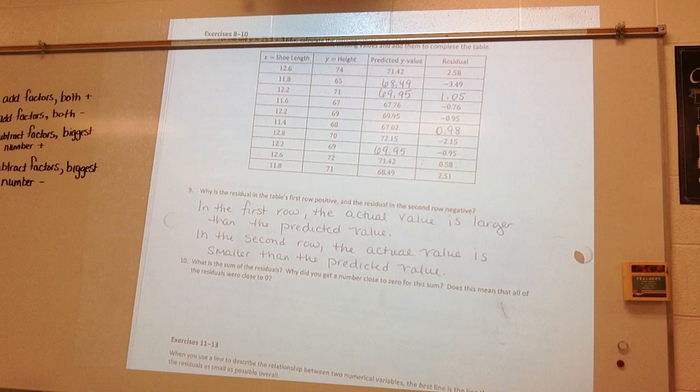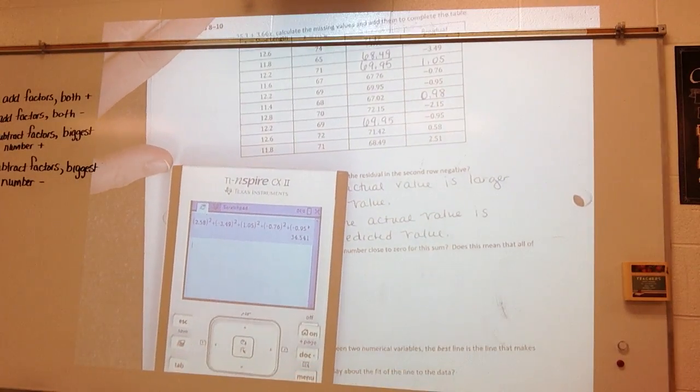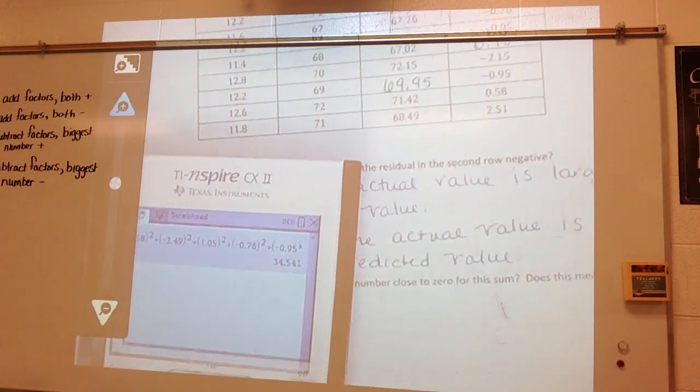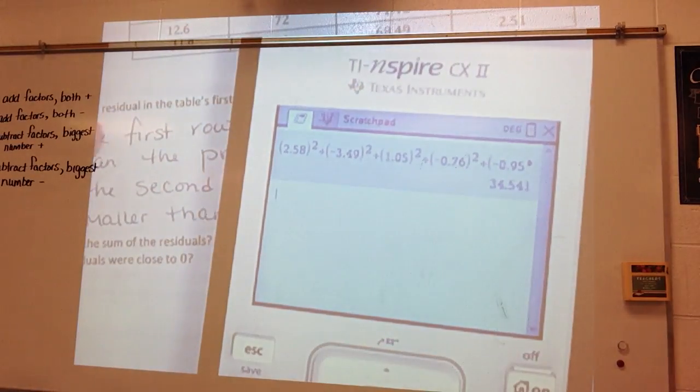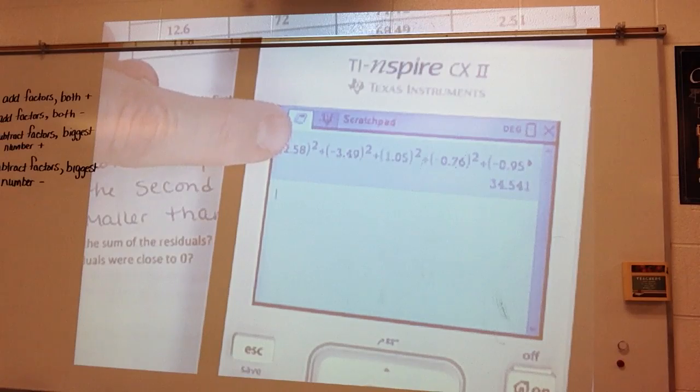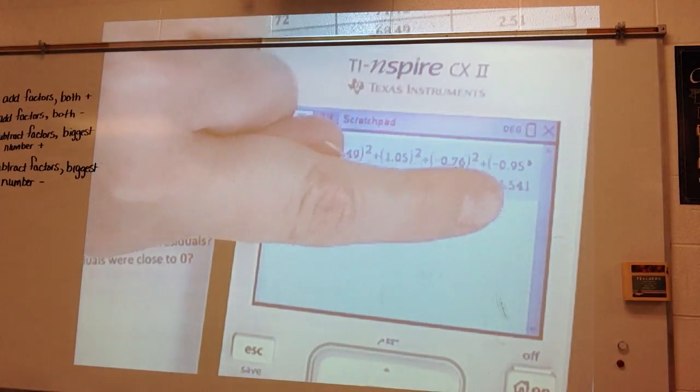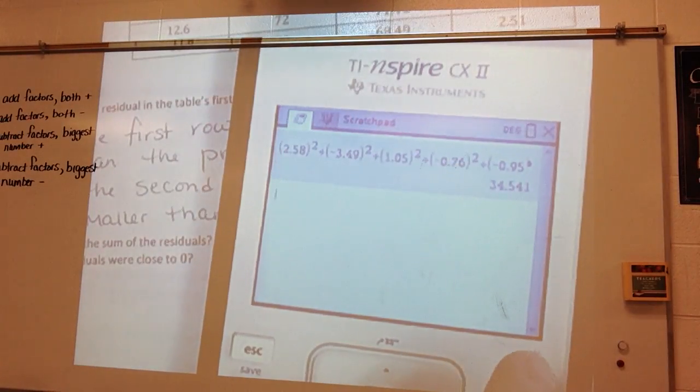So make sure you're putting that in parentheses. Alright, so here's what my calculator looks like, so that you can kind of see what I've done. I've squared every one of the residuals and added them together.